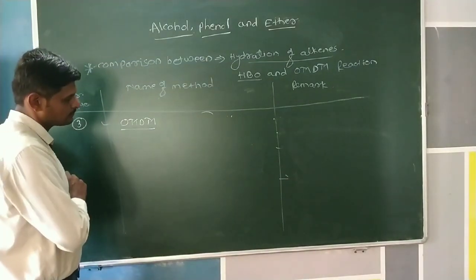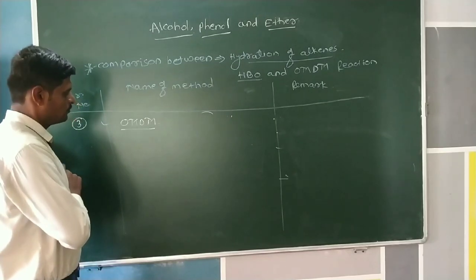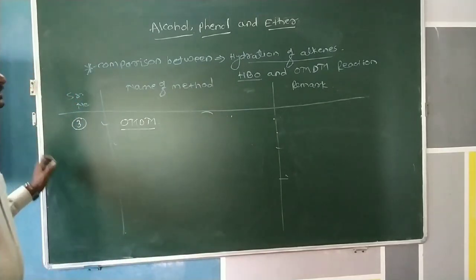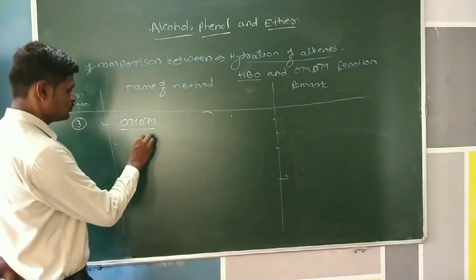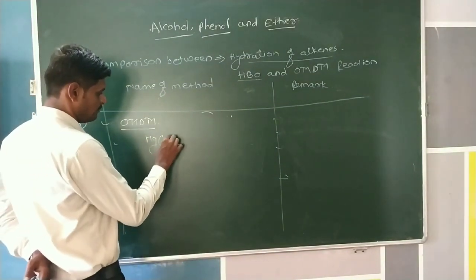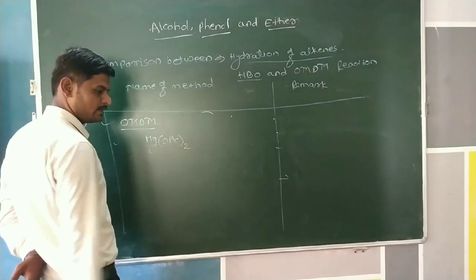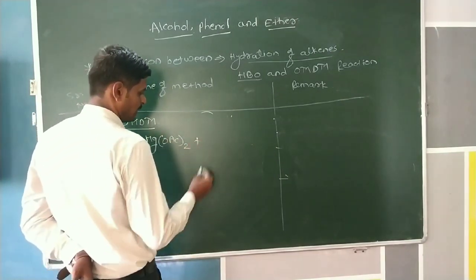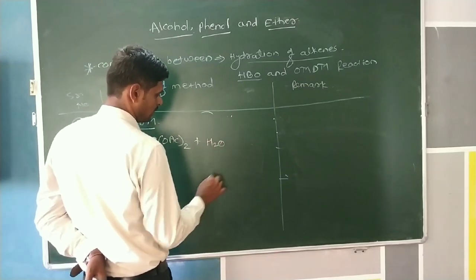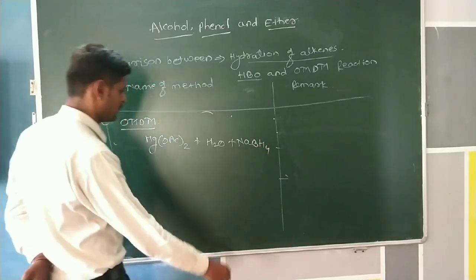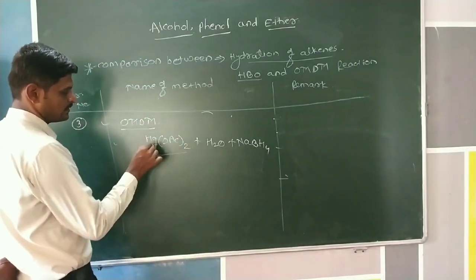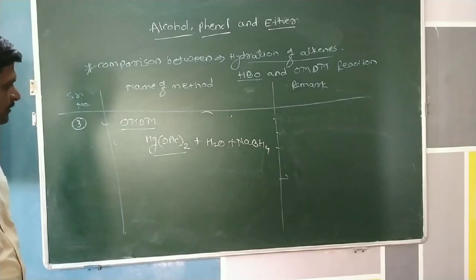In this reaction, we can use symmetric as well as unsymmetric alkene. By using this type of alkene, we can use mercuric acetate plus water plus NaBH4.